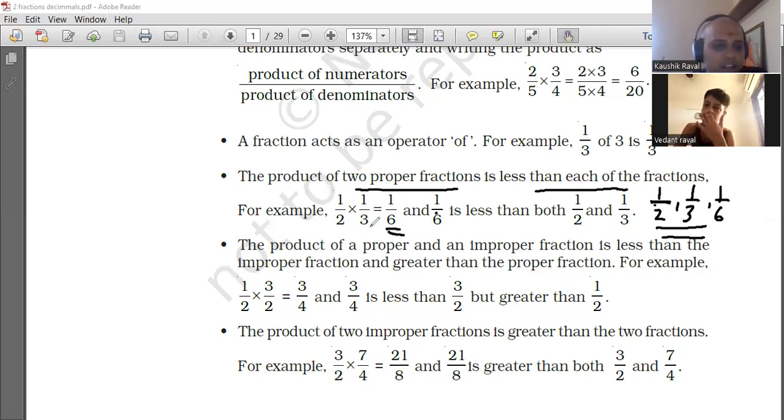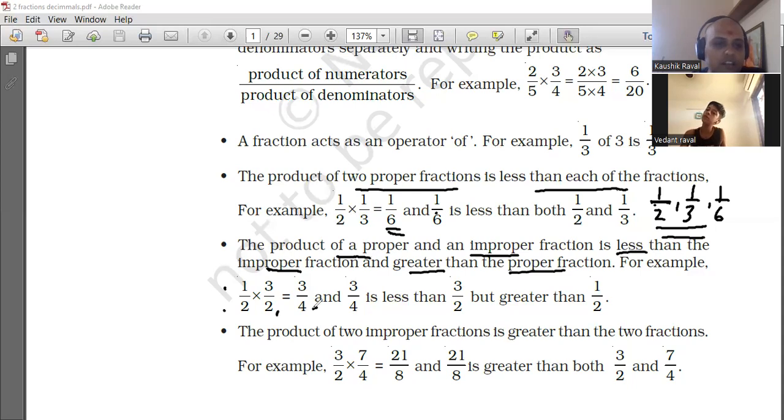Another important fact is that the product of a proper and an improper fraction will be between these two. It will be less than the improper fraction and greater than the proper fraction. Look at this one. This is a proper fraction. This is an improper fraction.